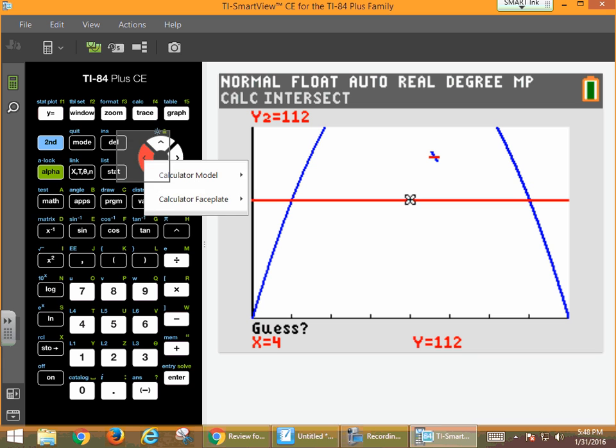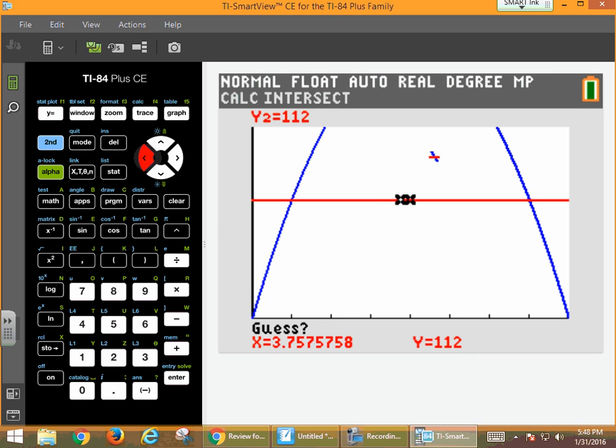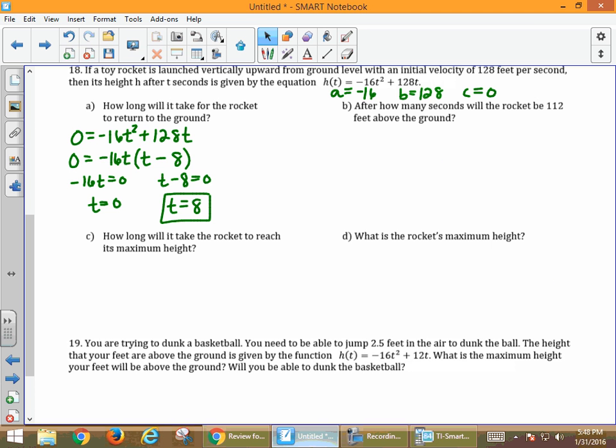And I will find the left intersection first. And the left intersection is at time equals 1 second. You can see x equals 1. So time equals 1 second.